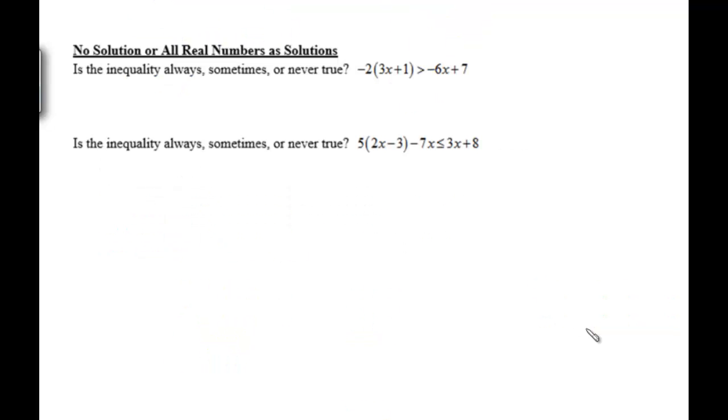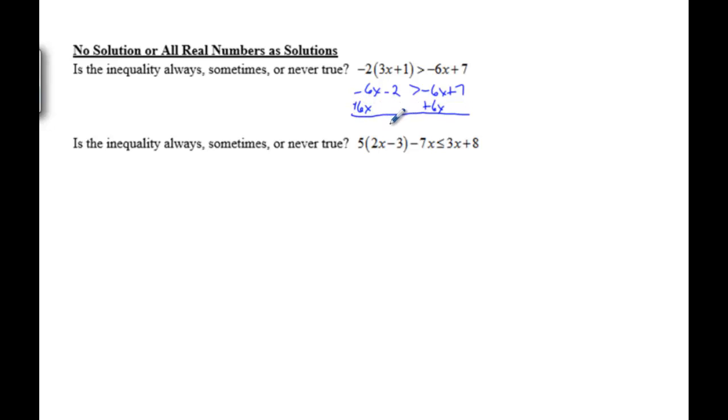What do we do if we have no solution or all real numbers as a solution? Is the inequality always, sometimes, or never true? What does it look like? If we distribute through, we're going to get negative 6x minus 2 is greater than negative 6x plus 7. Both sides have negative 6x, so if that is confusing, I'll just move the x over.